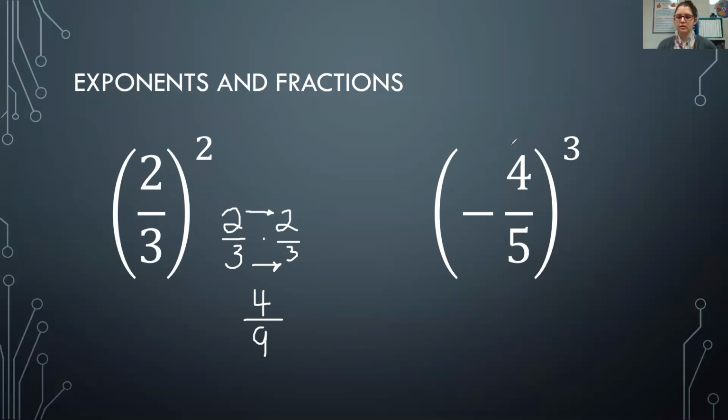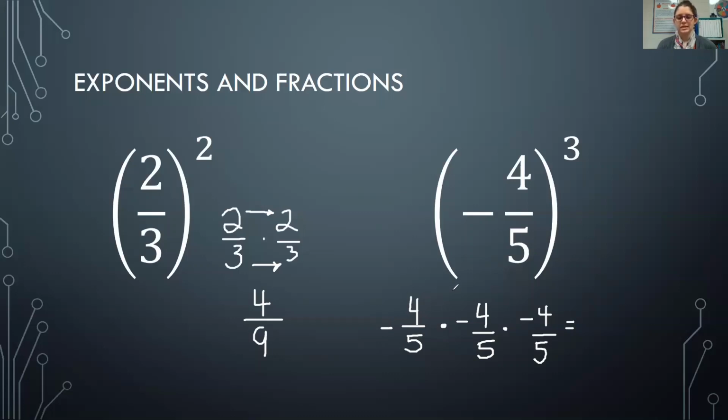example has a negative inside the parentheses, so the negative is part of our base and will be included in every time we rewrite. And as before, if it helps you keep everything more organized, you may put each of these numbers inside of parentheses.